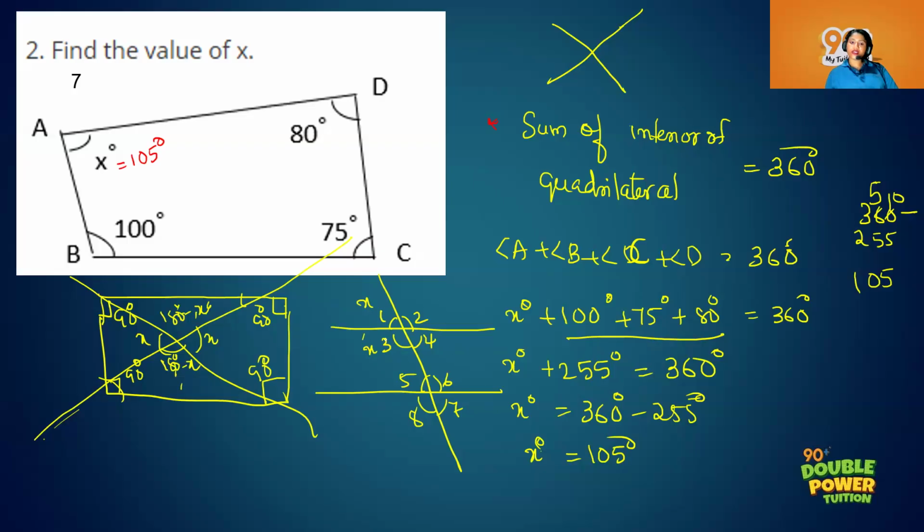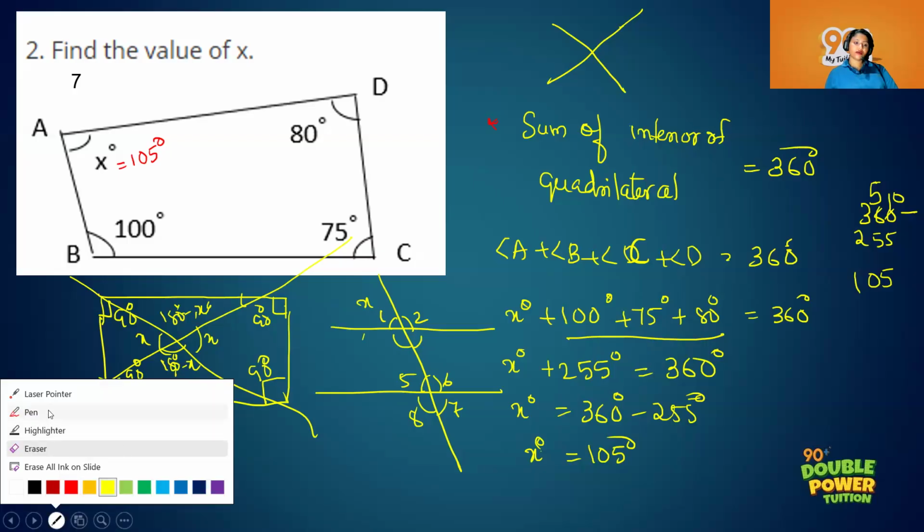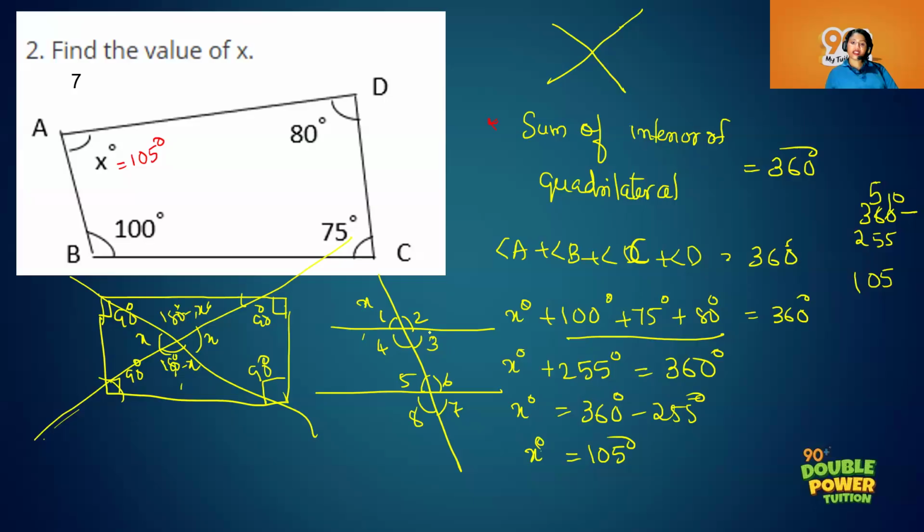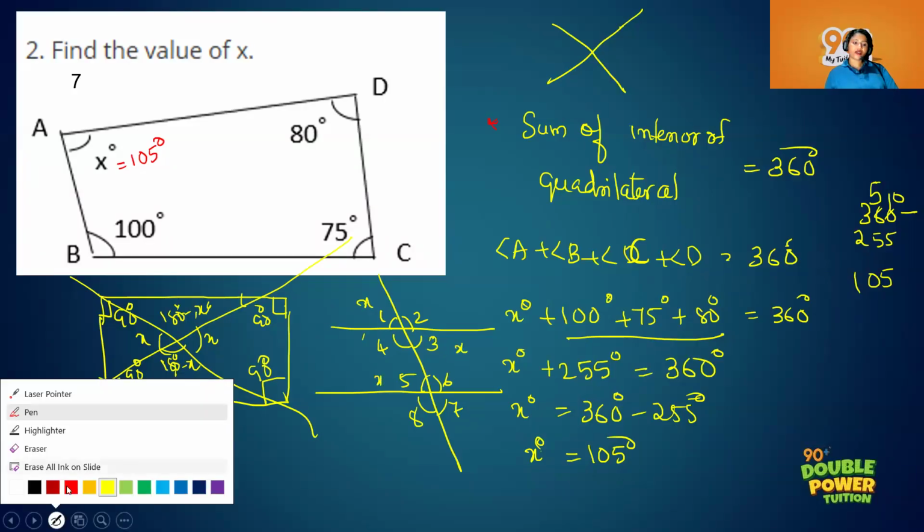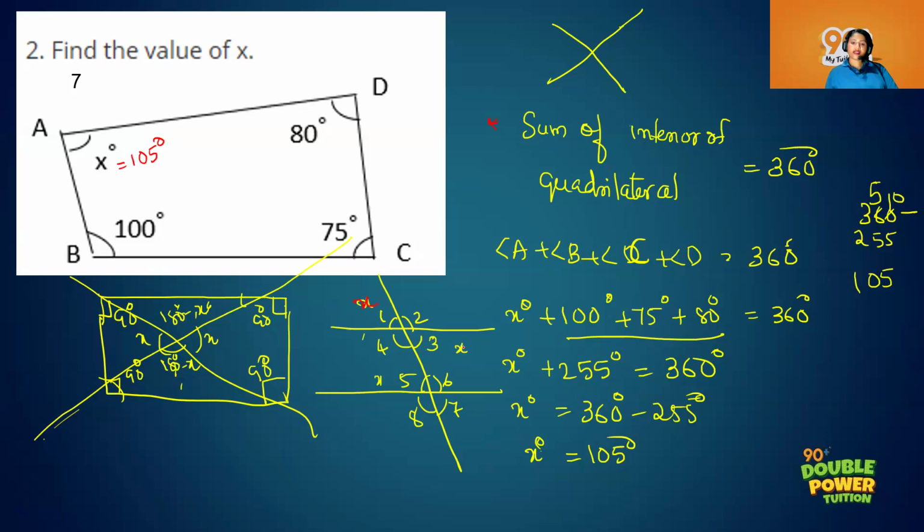I made a mistake, this is 4, this is 3. If 3 is x degree, then this is also x degree. This is x, this is x, this is also x degree.